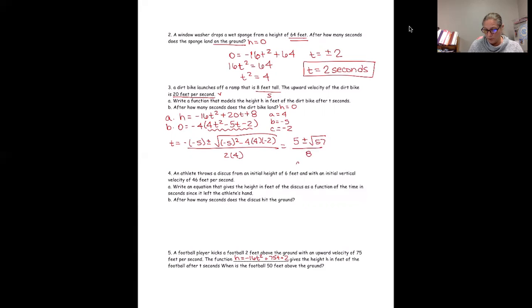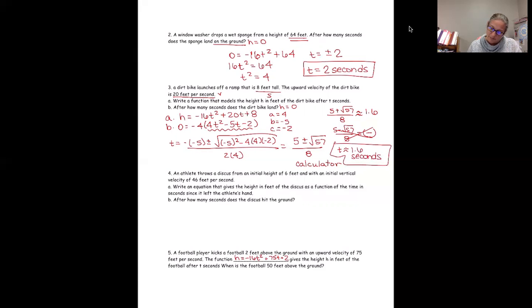Now, we're going to use our calculator because we have a real world application. So 5 plus the square root of 57 over 8 gives you an answer of approximately 1.6. 5 minus the square root of 57 over 8 gives you a negative value, which means we don't use it. So our answer, t, is approximately 1.6 seconds.